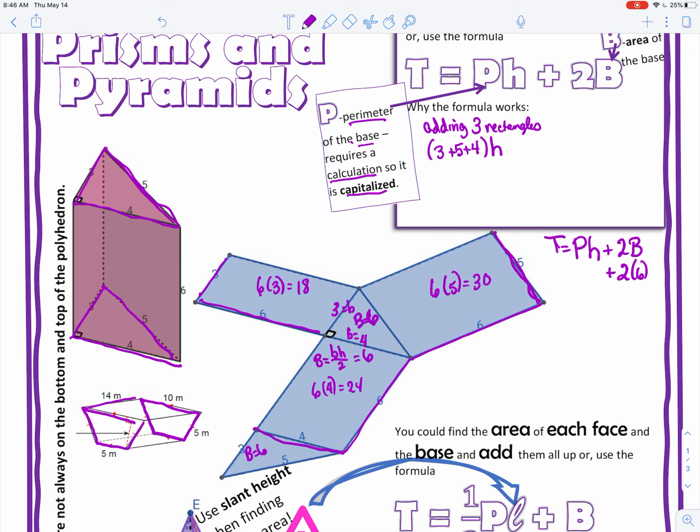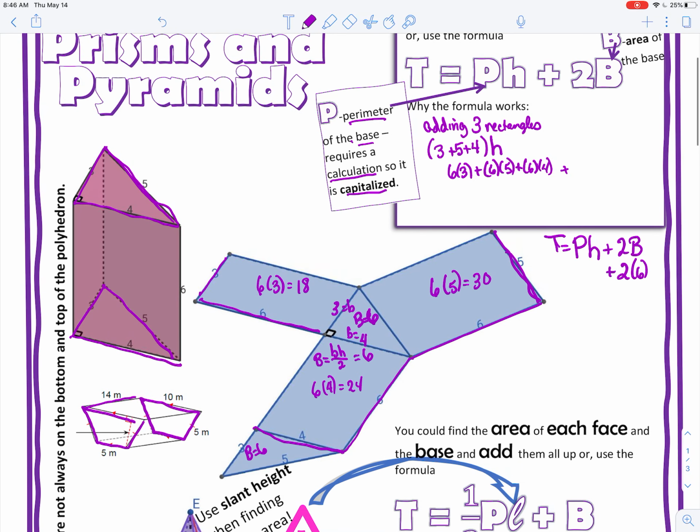Well, 6 times 3 plus 6 times 5 plus 6 times 4 is going to give us those 3 rectangles plus the 2 bases. Well, if we factored that 6 out, it is 6 times the 3 plus the 5 plus the 4.